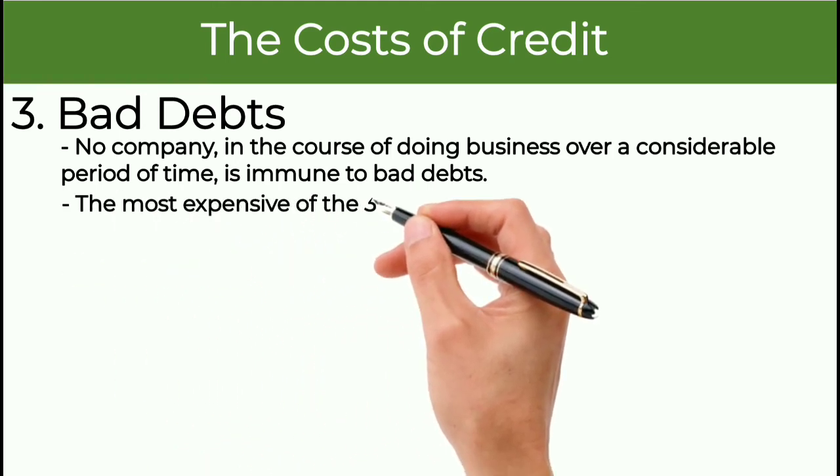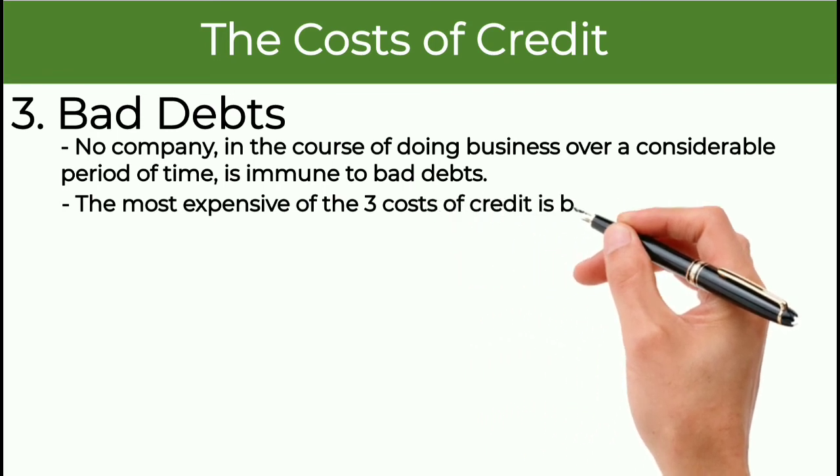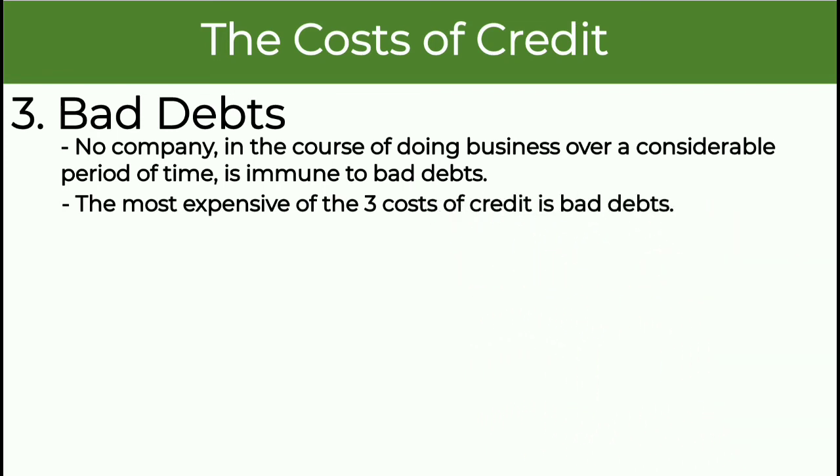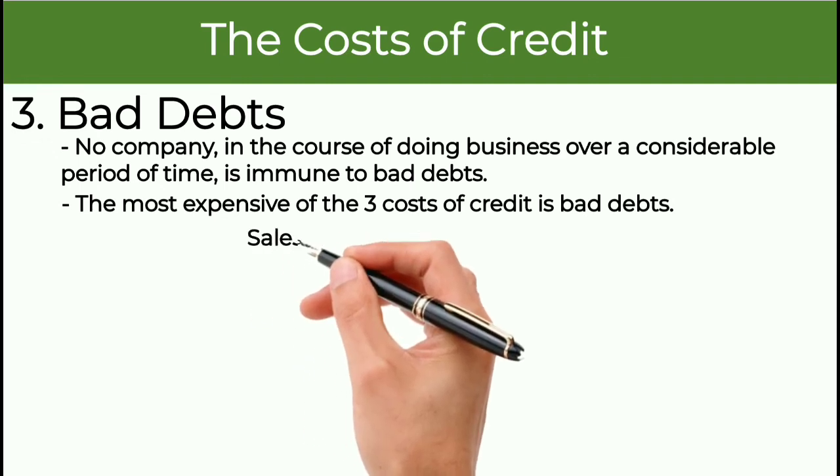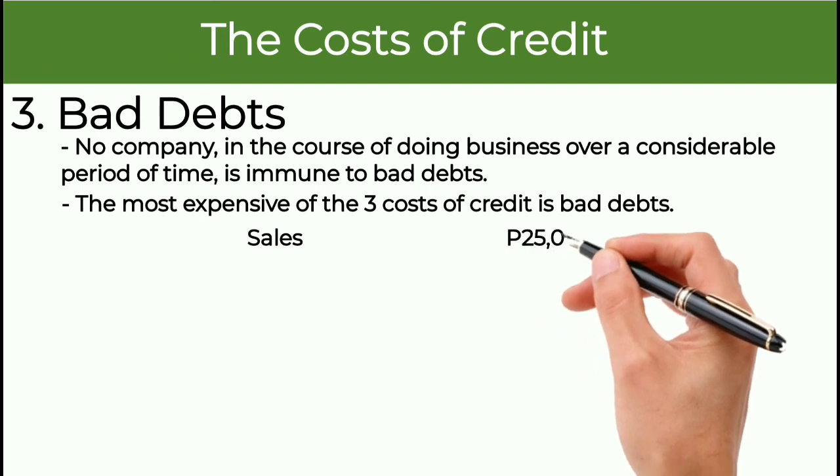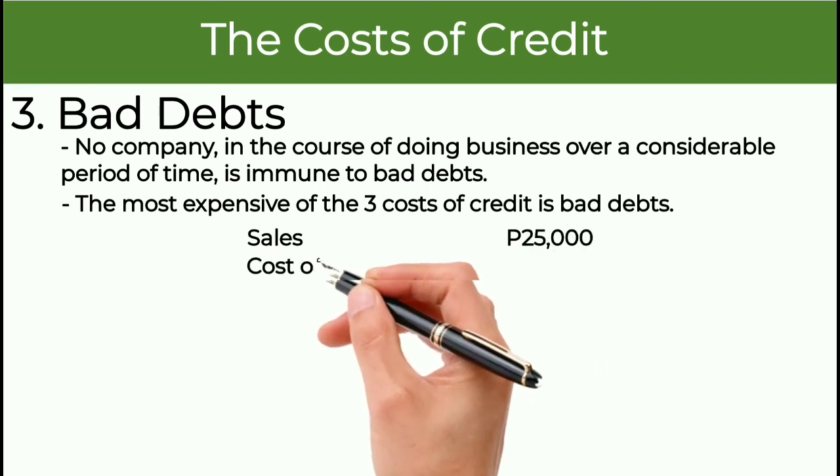The most expensive of the three costs of credit is bad debts. Ang pinaka-expensive daw na cost of credit ay bad debts compared sa interest at credit and collection expenses. Bakit nga ba ang bad debts ang pinaka-expensive? Let's say, for example, ang sales ay 25,000 pesos.